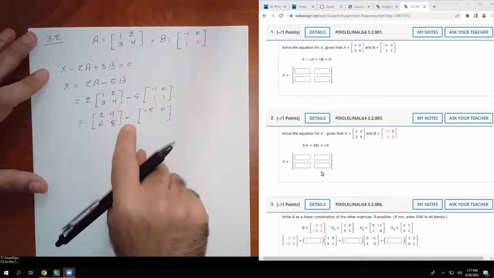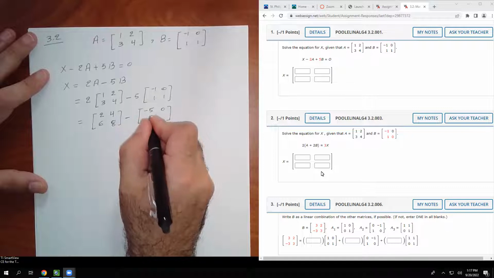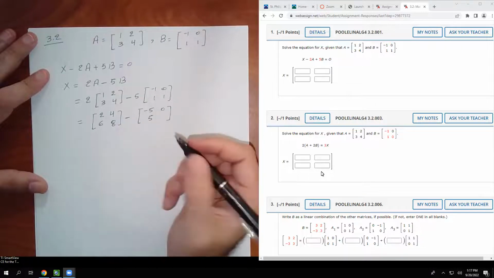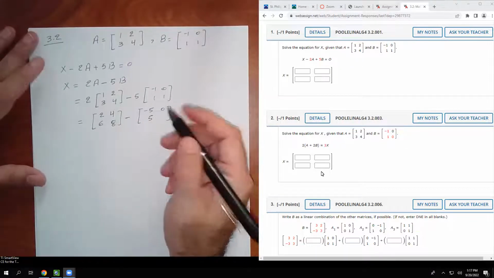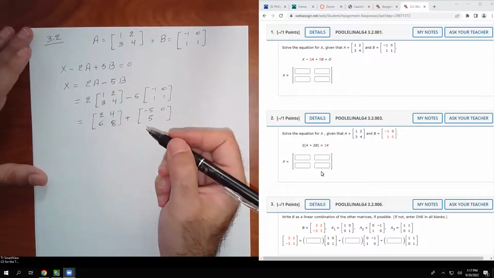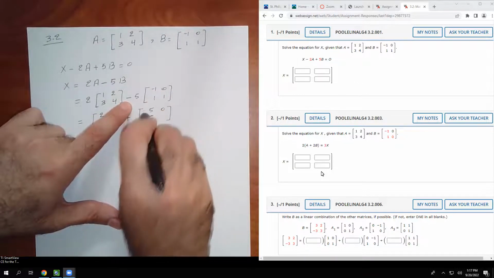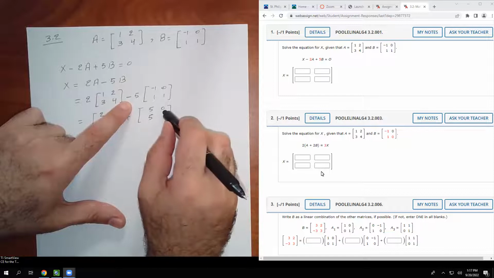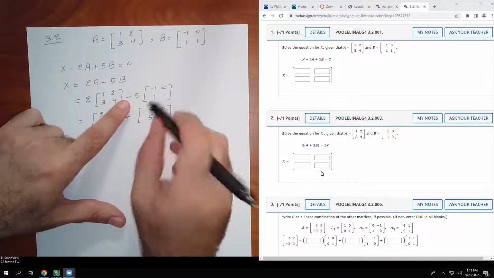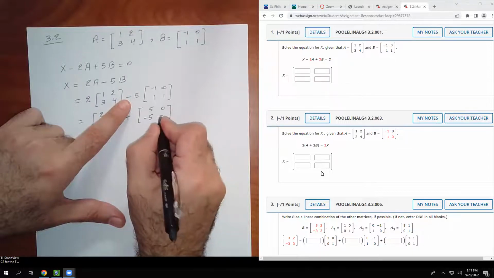Multiplying just the number, I keep the minus sign here. 5 times 1 is going to be 5. Or if you want to multiply the sign, you have to change this one to positive, like -5 times -1 is going to be 5. This is 0. Now this one is going to be -5, and this one is going to be -5.